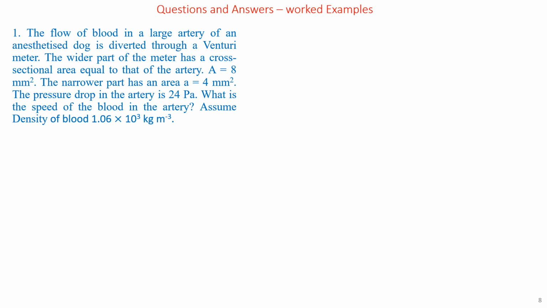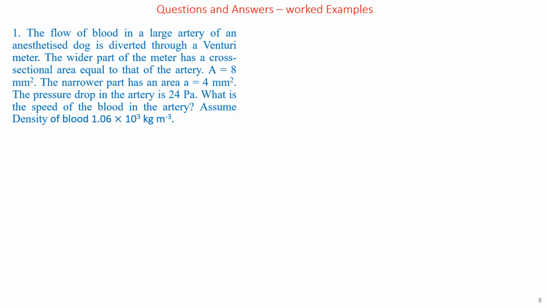The wider part of the meter has a cross-sectional area equal to that of the artery. That is, capital A is equal to 8 mm square. The narrower part has an area small a equal to 4 mm square. The pressure drop in the artery is 24 pascals. What is the speed of the blood in the artery?